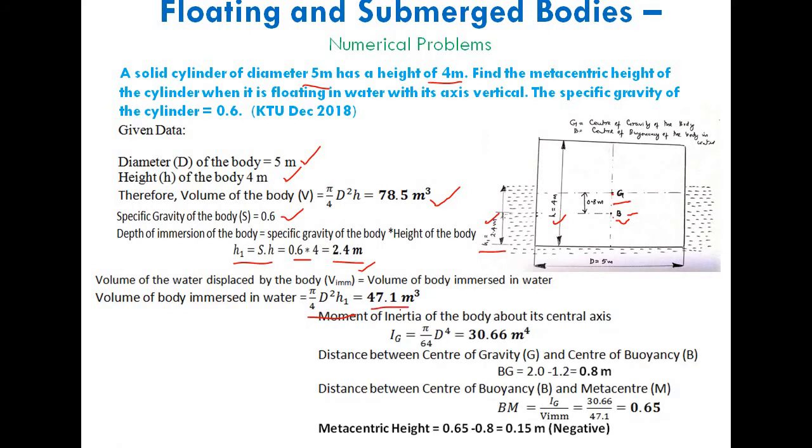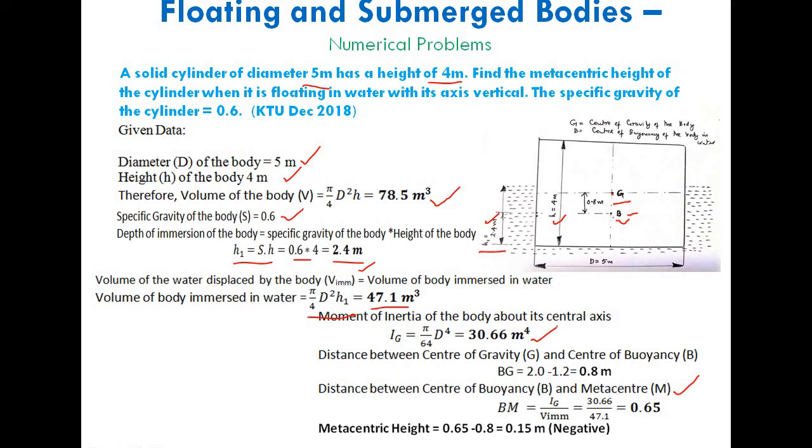Okay. And for the estimation of metacentric height, we know the equation. So Bm, that is the distance between the center of buoyancy and metacentre, is given as Ig by V immersion. Before that, we need to find out Ig. So what is Ig?